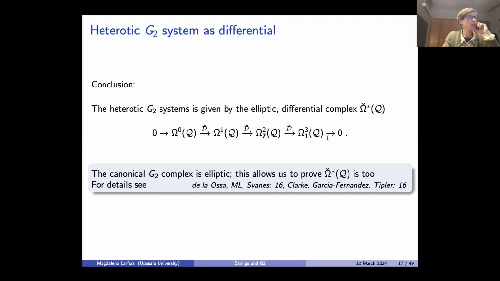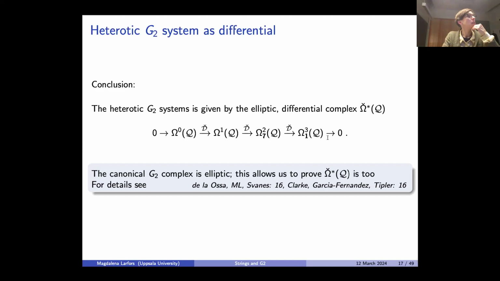But of course, there is a lot of gauge symmetry in this theory. I mean, we have the gauge symmetry of the connection A, and we have the gauge symmetry of the B field.